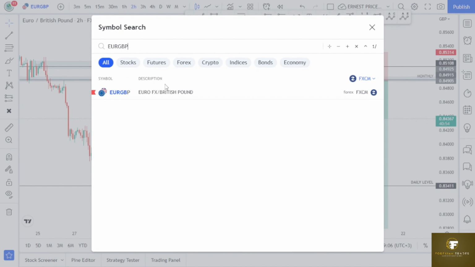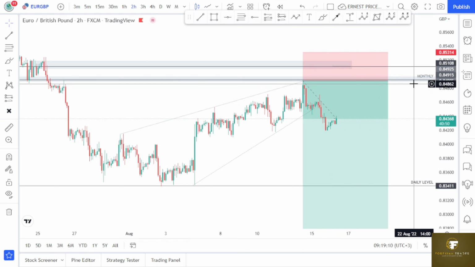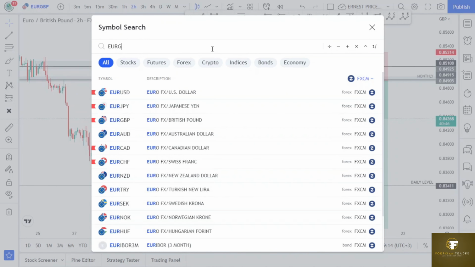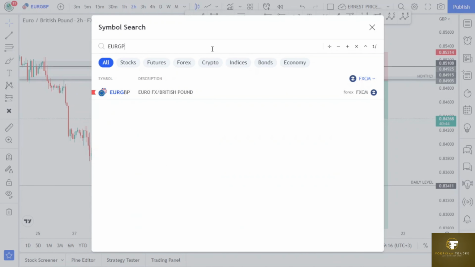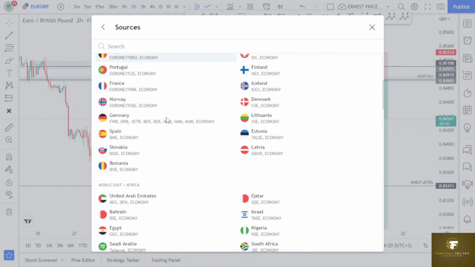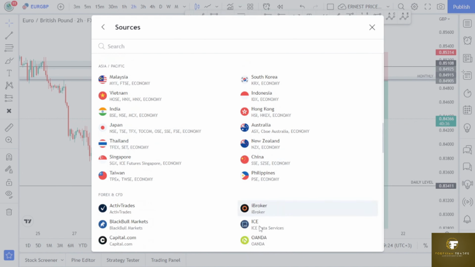Then a break chart right here. Okay, let me pick Rwanda.